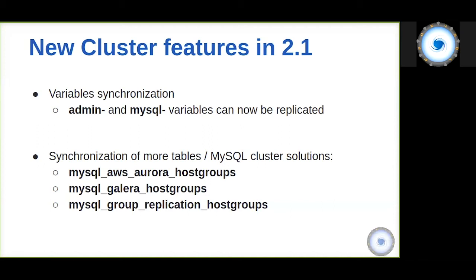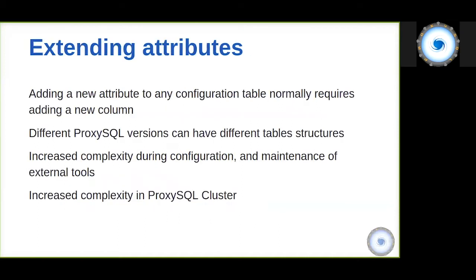Great. Now, what else? We also introduced the extended attribute. Let me explain what that means. Every time we want to add a new column to a table in ProxySQL, this normally means creating a new feature. So for every feature, we create a new column.